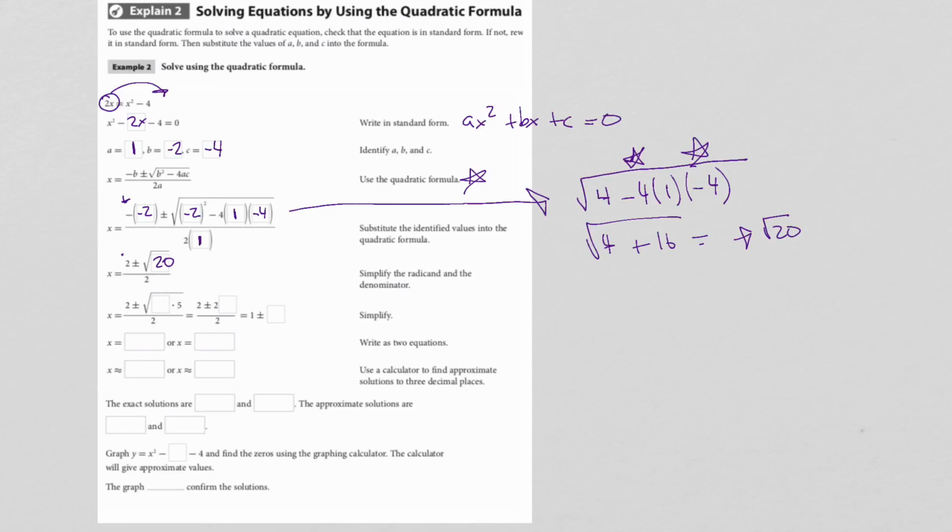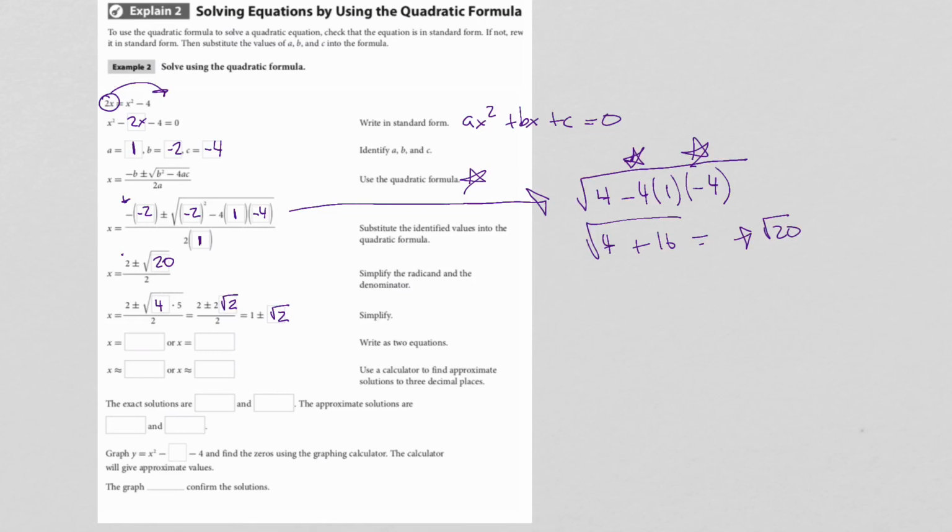And then, of course, this square root of 20 is the same as the square root of 4 times the square root of 5. So that's going to simplify to 2 root 2. And then what is 2 times 1? Simply 2. And you're going to get 2 plus or minus 2 times the square root of 2 divided by 2. If I divide everything by 2, this simplifies to that.